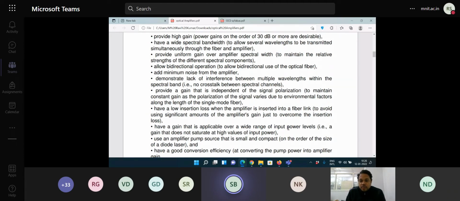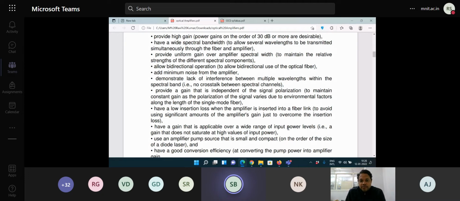So it should not go to such high values, but at the same time there should not be a maximum limit also, because if there is a maximum limit, then there is a possibility that some information might be lost. So there has to be a balance of the gain depending on the input power level. So it has to be adaptive. Then only you can have a good amplification.